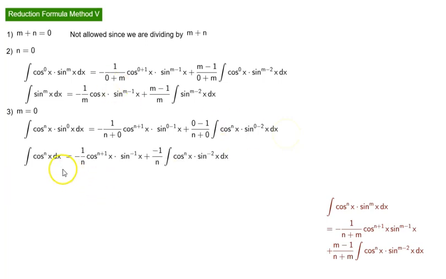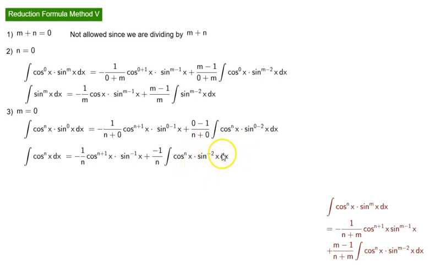Now simplifying this, we get integral of cos nx dx is equal to minus 1 by n times cos to the power of n plus 1 x times sine to the power of minus 1 x plus minus 1 by n times the integral of cos nx times sine to the power of minus 2 x dx.